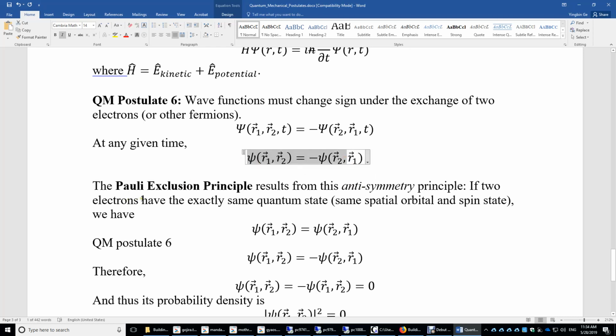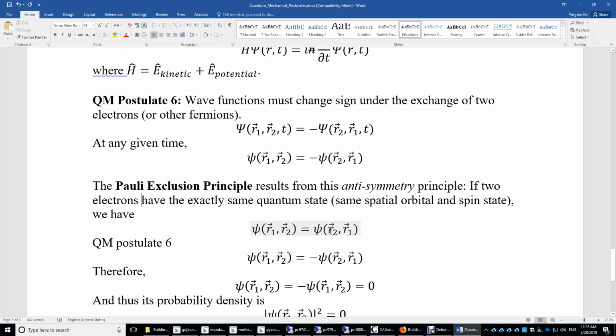If two electrons have exactly the same quantum states, that means if they have exactly the same spatial orbitals and spin state, we have psi of R1 and R2 equals psi of R2 and R1. That means these two electrons have the same quantum state. Imagine in helium, we have two alpha electrons occupying the 1s orbital.